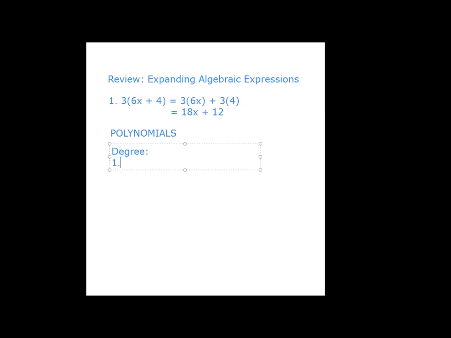if we have 10, the degree is 0. If we have a monomial for the degree is 7. But if we have this polynomial 3x, can you follow?